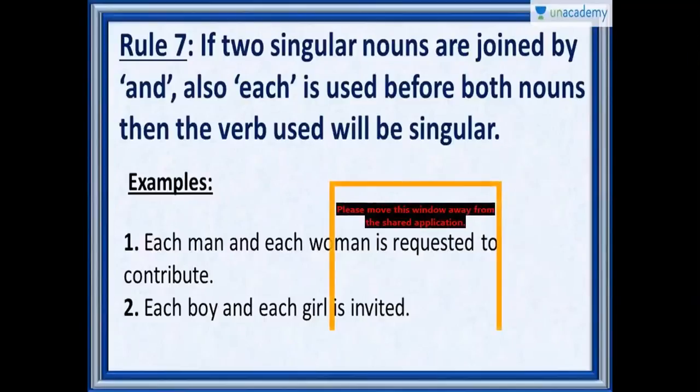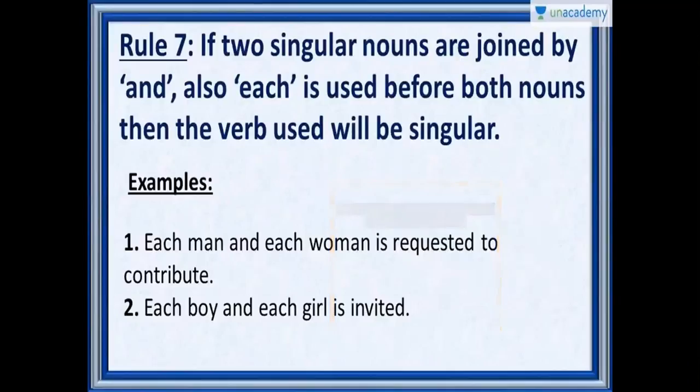The next one is if two singular subjects are combined by 'and' and represent only a single idea, then the verb will be singular, like rice and dal. Next one, this one. When two singular subjects are combined by 'and', actually they become plural. But when you put 'each' before each of the words, then the verb should be singular.